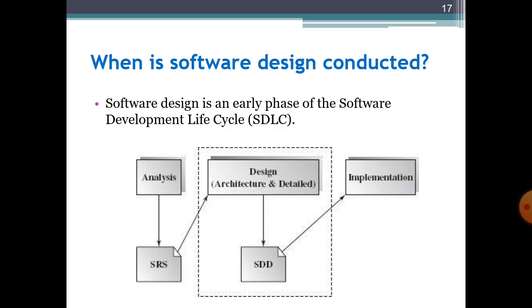So students, as we see, software design is an early phase of the SDLC. During this phase, basically designers model the system and assess its quality, so that improvements may be made before the system goes into the production phase.